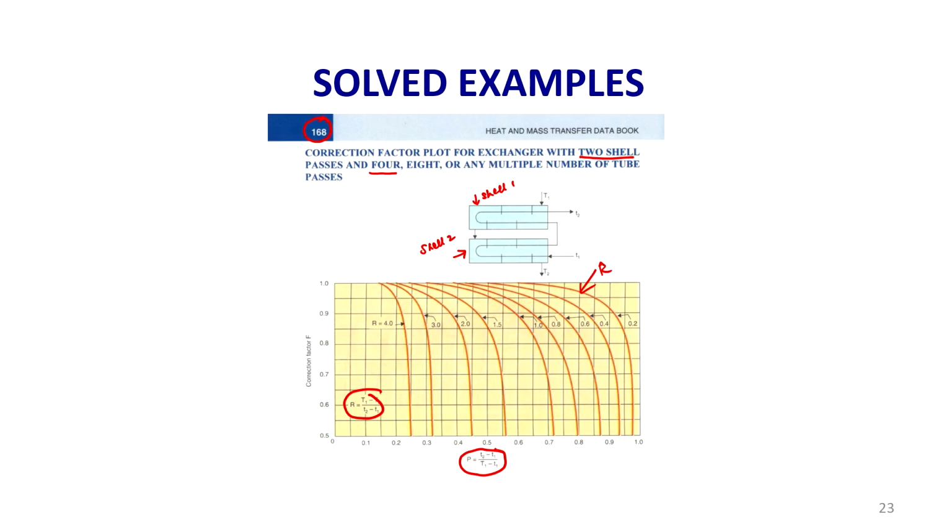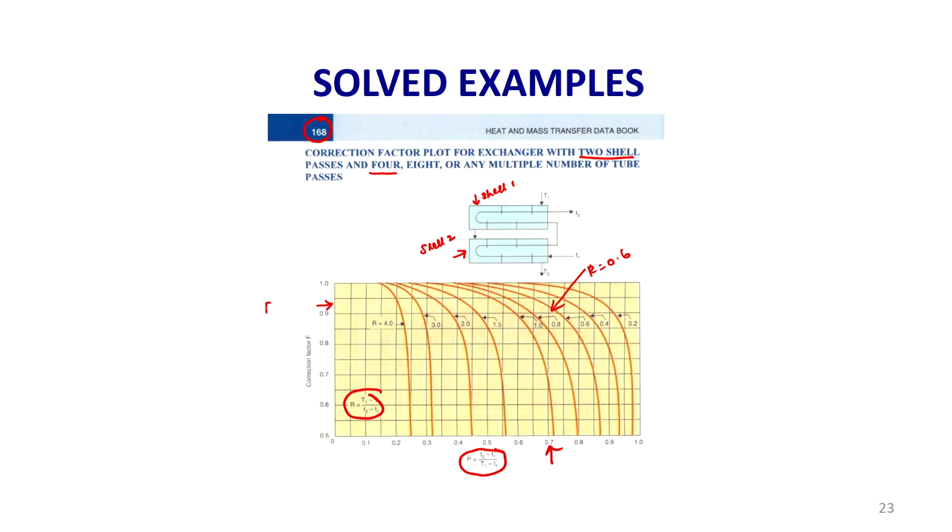Now, in this chart I will find where 0.7 is. This is the P value 0.7, and the R value 0.6 is this graph; this is 0.2, this is 0.4 and this is 0.6. You have to find the intersection point, and it comes somewhere here.